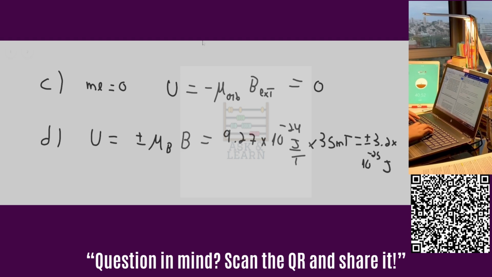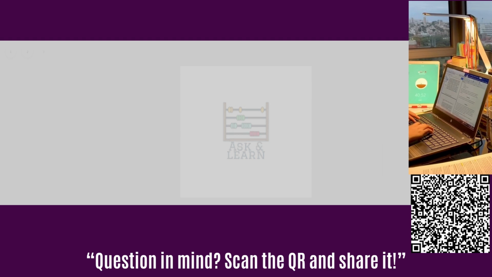Now for parts E, F, G, and H, we want to know, if the electron has orbital angular momentum quantum number m_l equals minus 3, what are the angular momentum, the magnetic moment, the energy of the orbital, and the energy of the spin. So for E, now we have m_l equals minus 3.